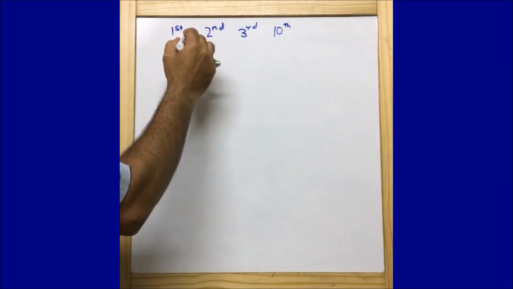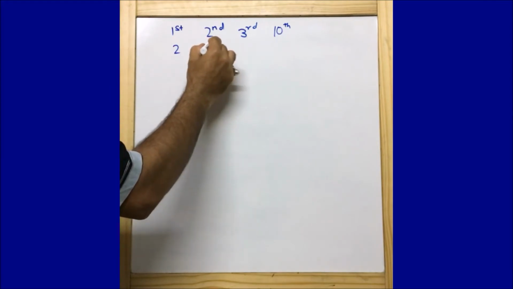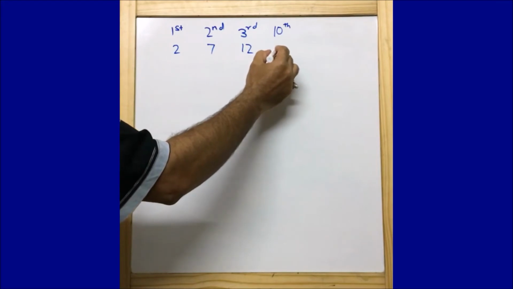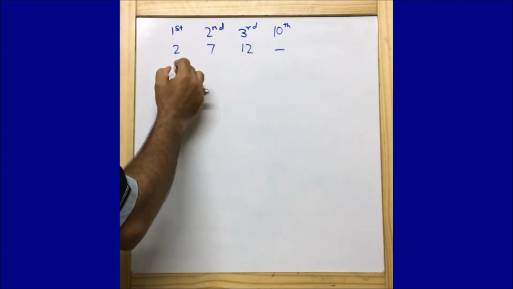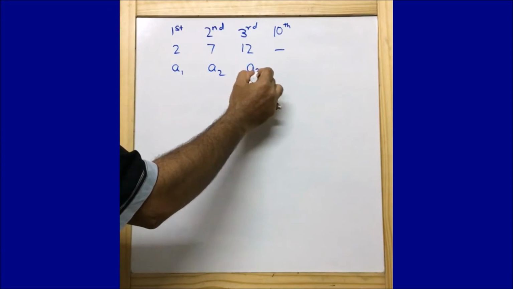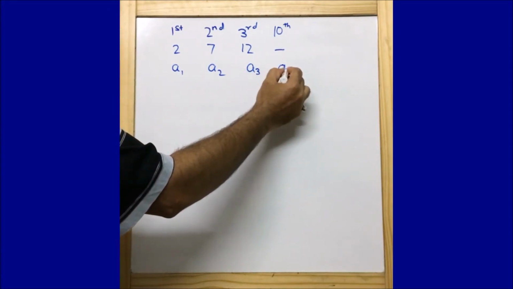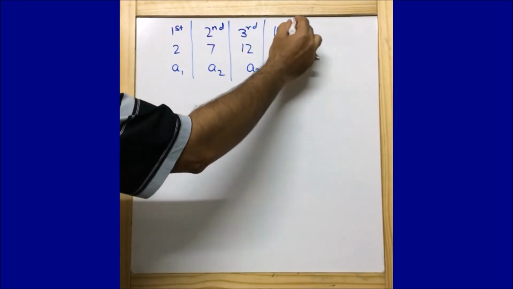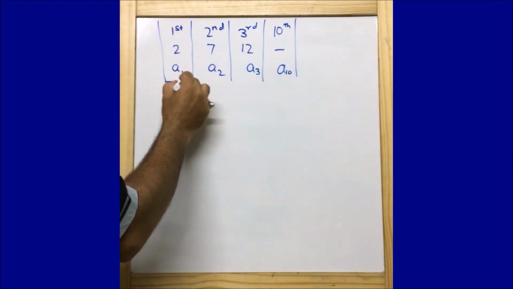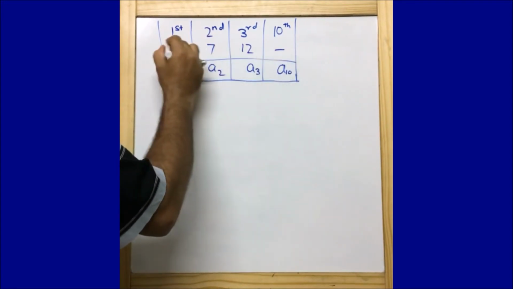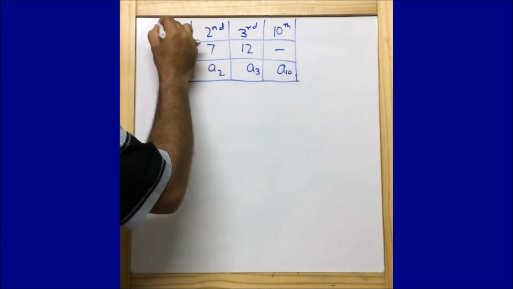Putting 2 under first term, 7 under second term, 12 under third term, and the 10th term is not given, so we'll see what we are going to do. A1, A2, A3 and this one is A10. I have included this in a tabular form so that we do not mess up with the data and we have a clear picture of what we are going to do.